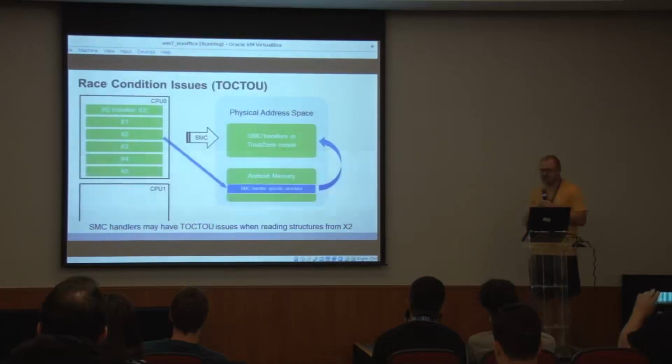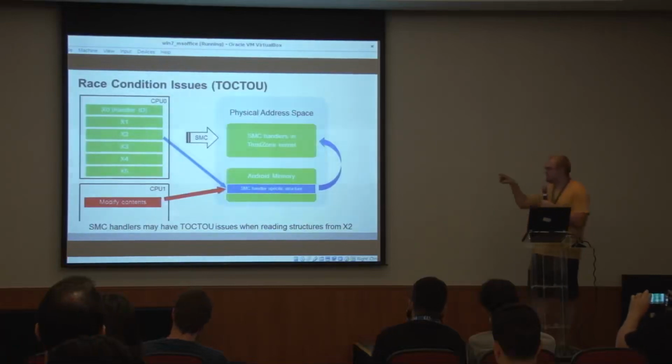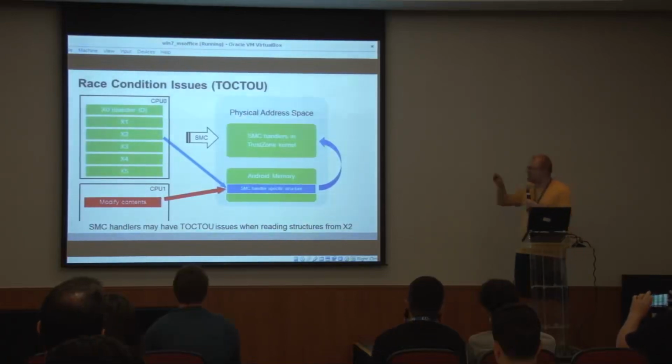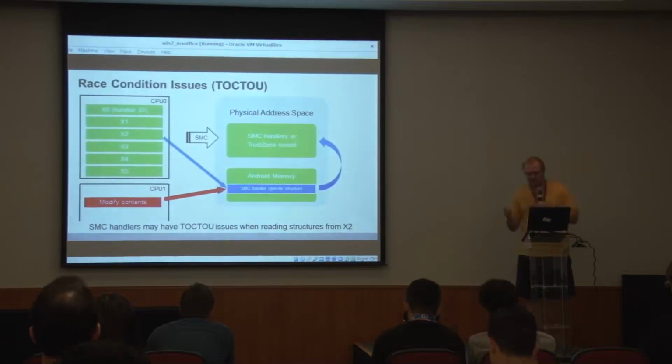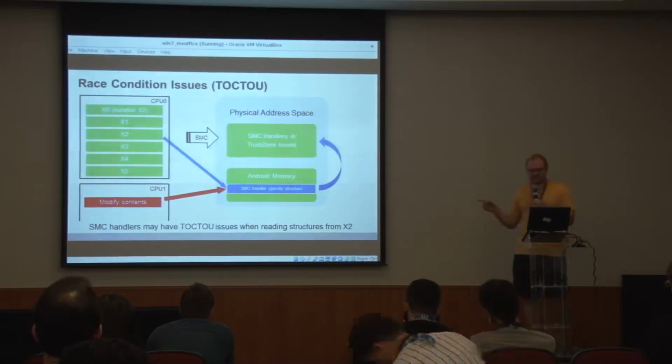Then another vector in ARM was the double fetch or race condition. If you pass in a big buffer as an argument to the SMC handler, and if this buffer is stored in memory, then there can be a case when this buffer can be modified by another CPU. This is a really interesting vector because in x86, it is not applicable at all.